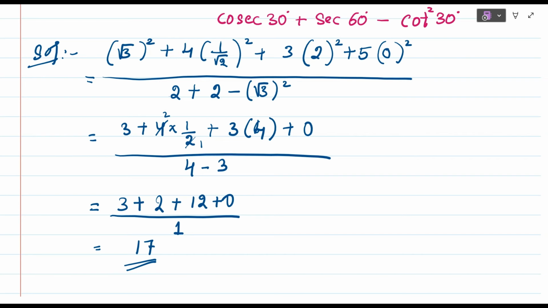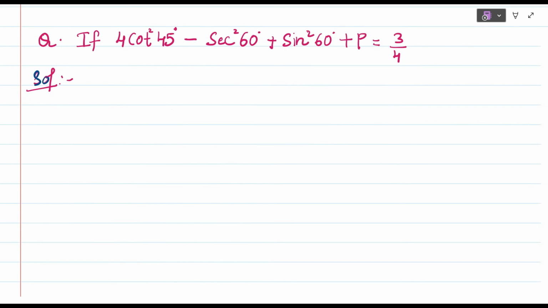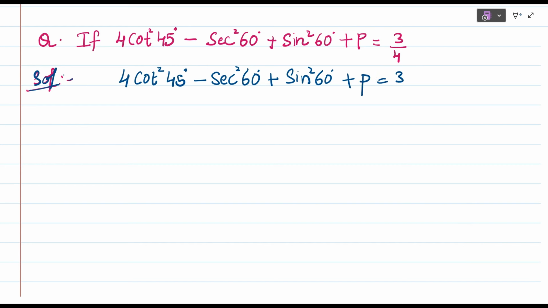Understood, students? Students, the next question is, if 4 cot square 45 degrees minus secant square 60 degrees plus sine square 60 degrees plus p is equal to 3 by 4, then find the value of p.